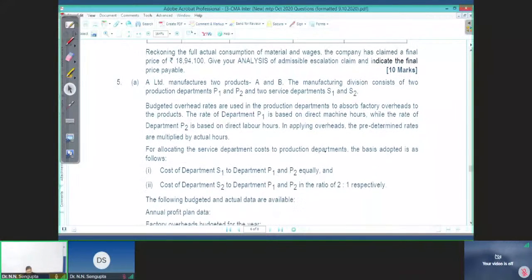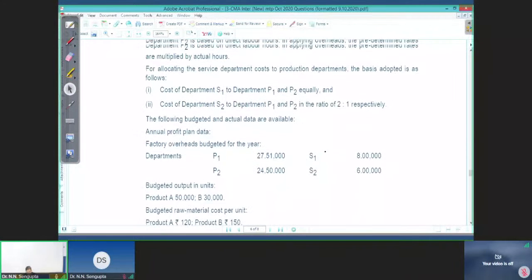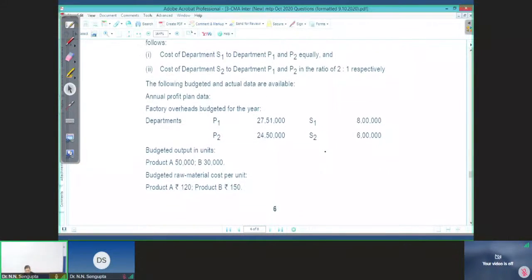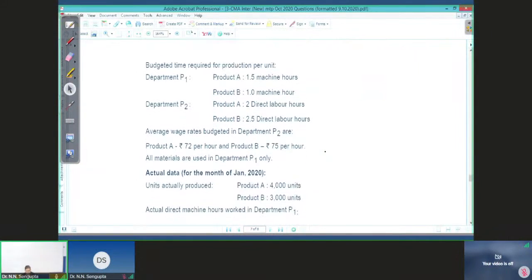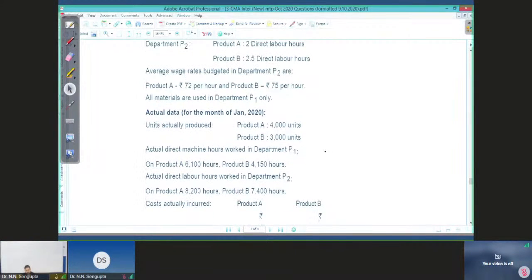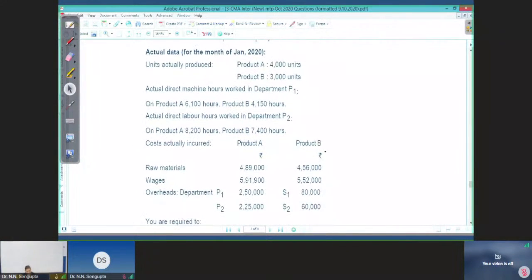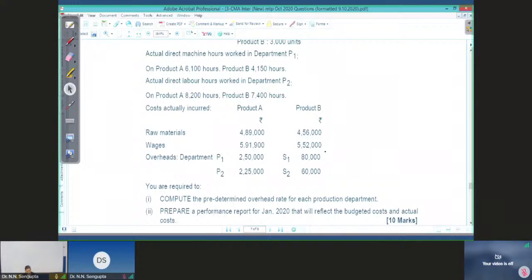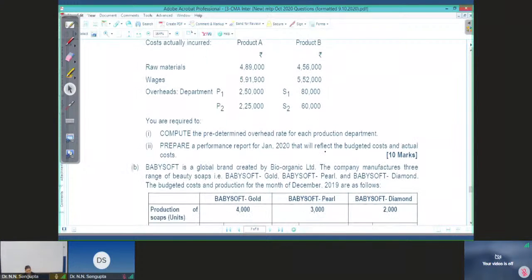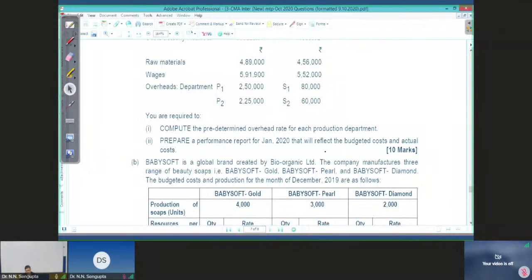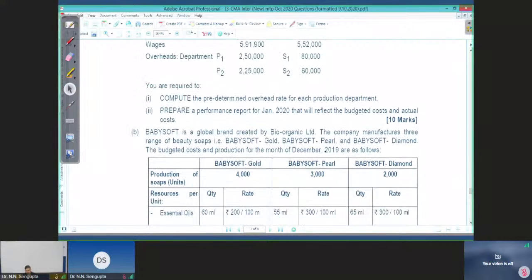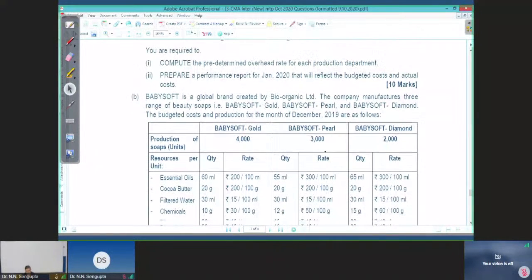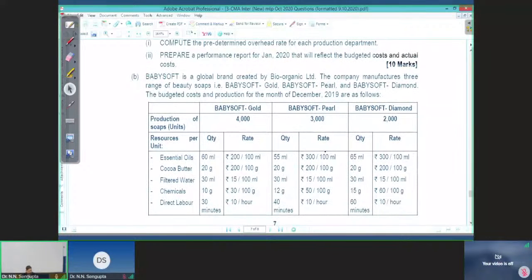This is 5A, the service costing, service department question related to overhead, as I told you earlier also. Okay, I think there are some specific requests for this question, so I will take 5B. Let me see if there is any other question.